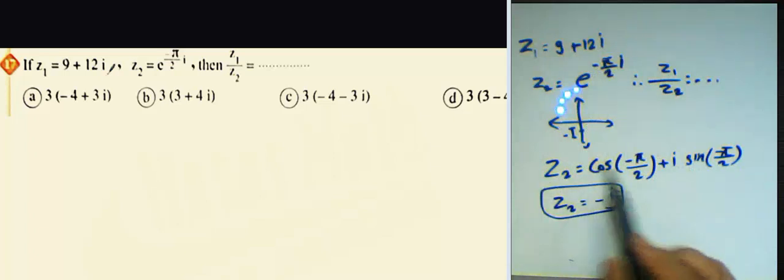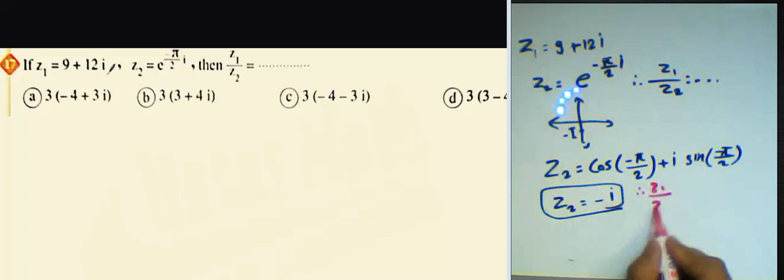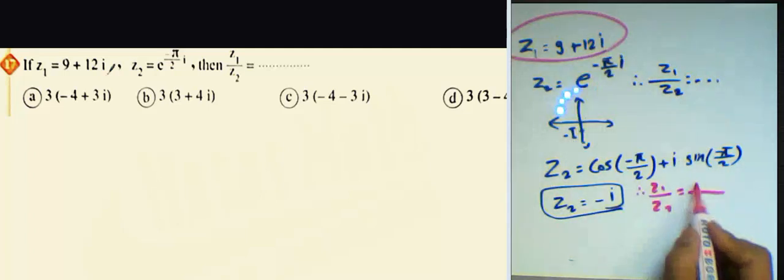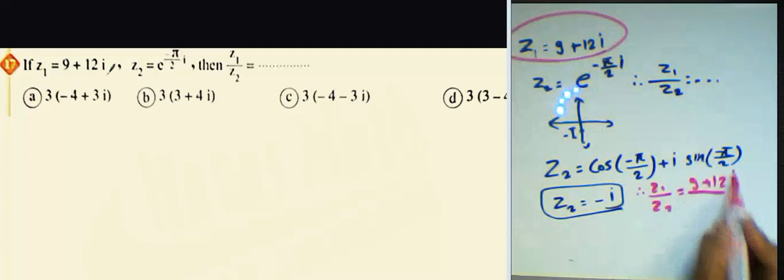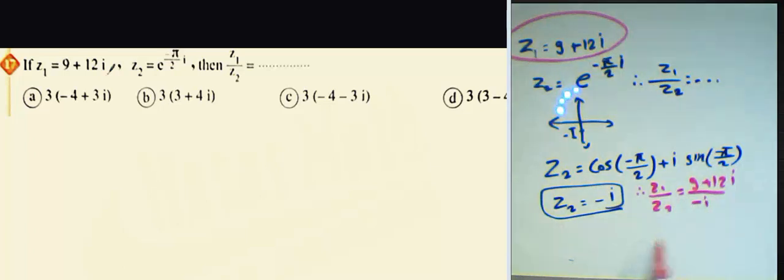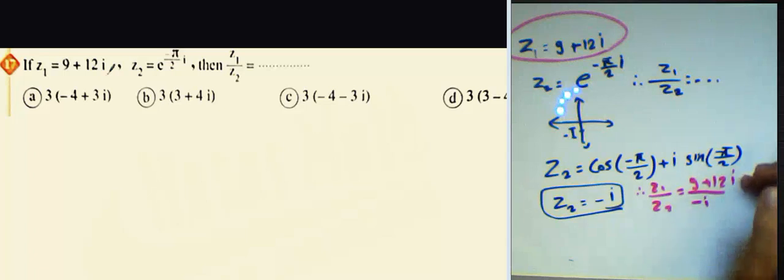He wants to find the result of z1 over z2. We must divide it. z1 over z2. z1 here is 9 plus 12i over negative i. Here we can multiply by i from the numerator and denominator to simplify it.